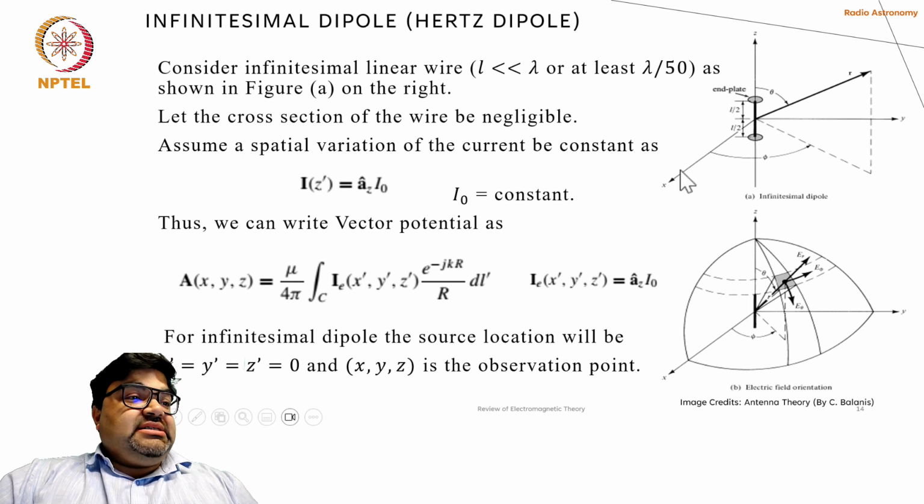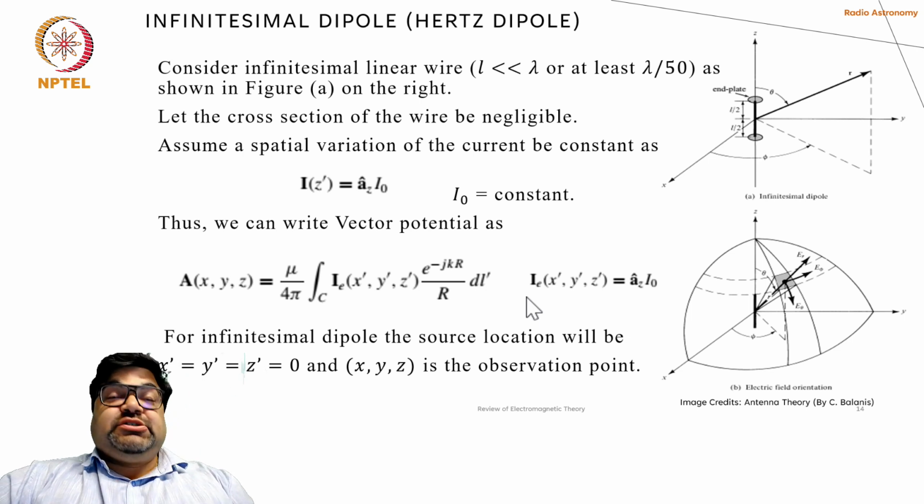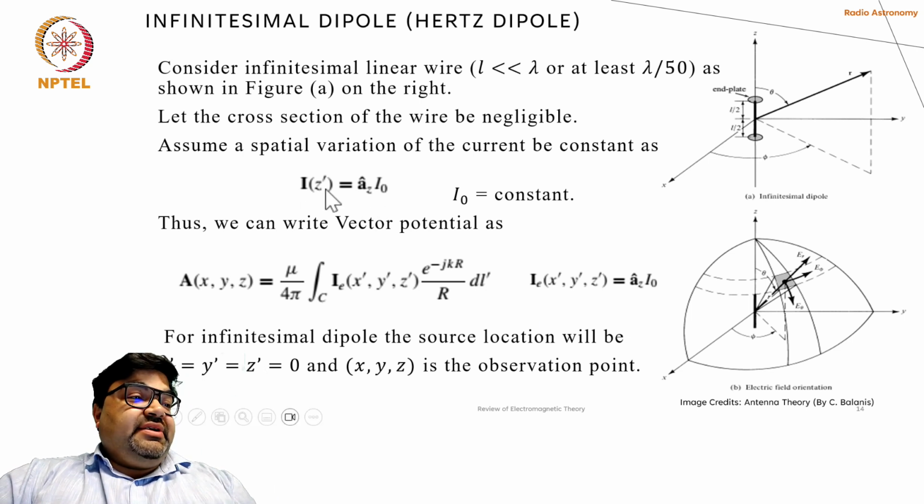And you have a current flowing along this Z axis, an alternating current. So I of Z is given by I naught, which is constant, times a_z. Okay, so you can write the vector potential A in terms of I. You already know this from the first week, that if there is a current density, you can write the corresponding vector potential in this form.